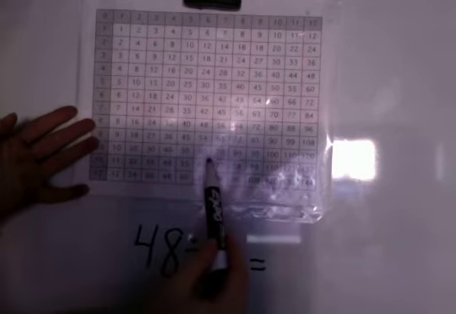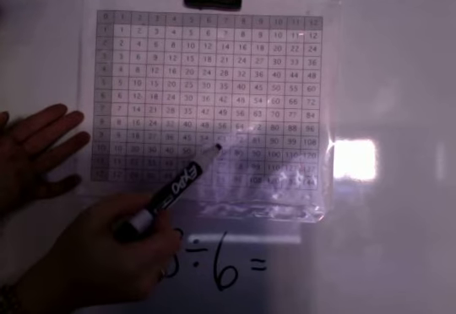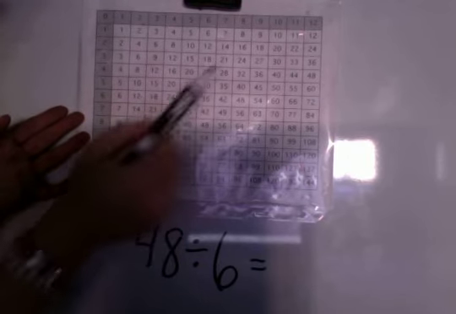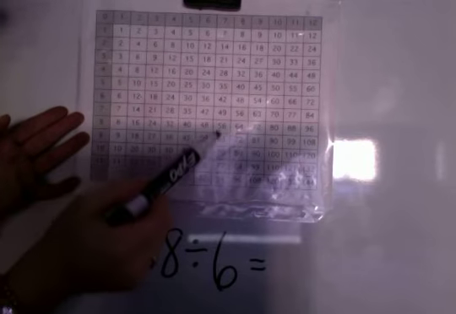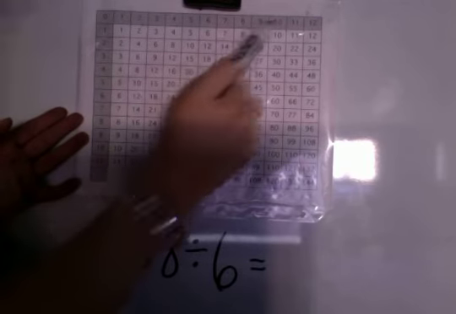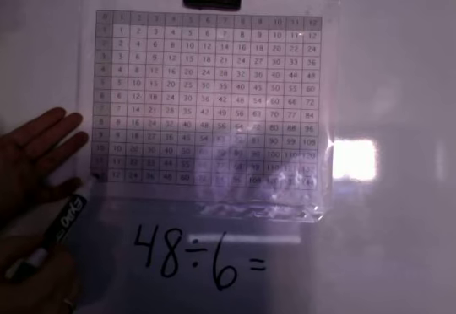This number here we know is our total. Our totals are found in the middle. Remember when you were doing multiplication, you used this and this to find this. So now we've got to work backwards. We're going to use this and this to find this.